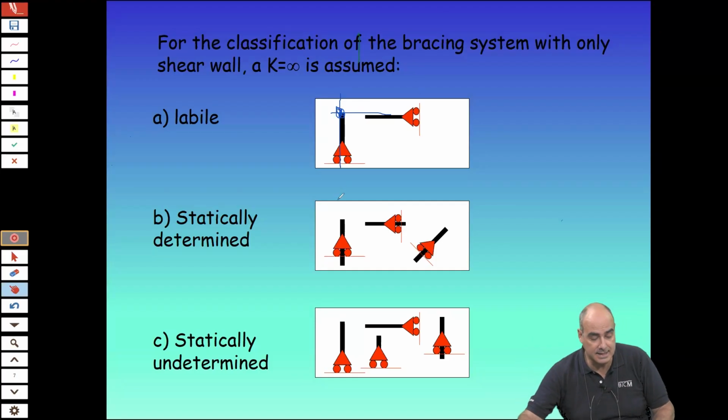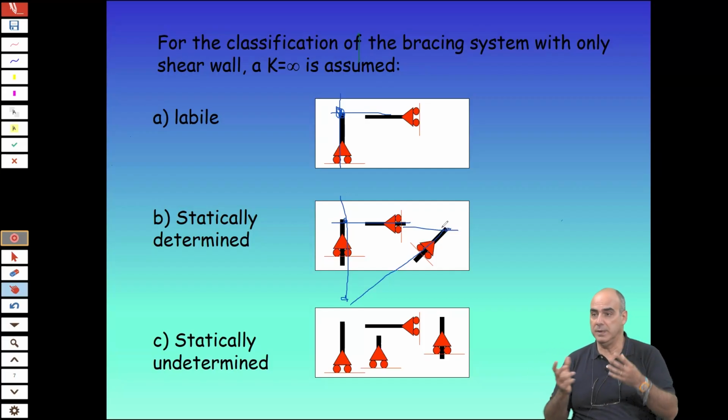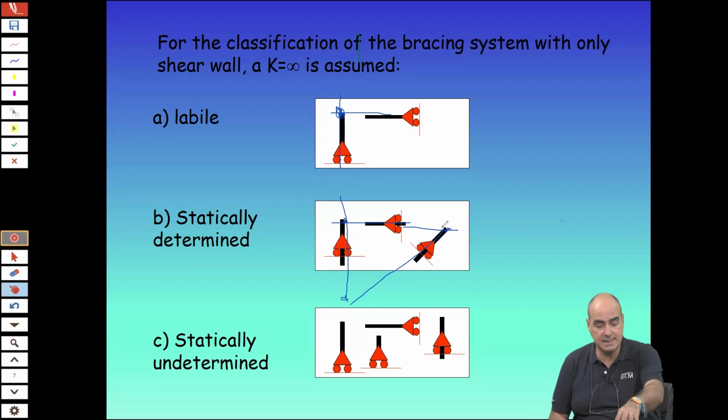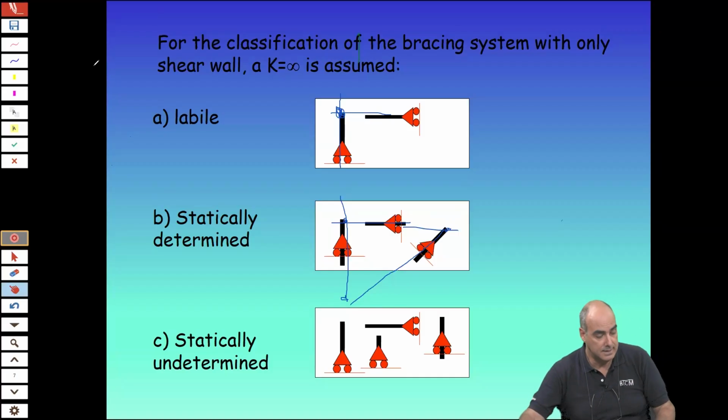In this case you have not, because these two elements meet here, these two elements meet here, and these two elements meet here. You have not what we call a center of virtual rotation, because not all the 3 lines converge in the same point. So this second system is stable. This one is unstable because you allow a center of rotation around which the building can have some kind of motion.